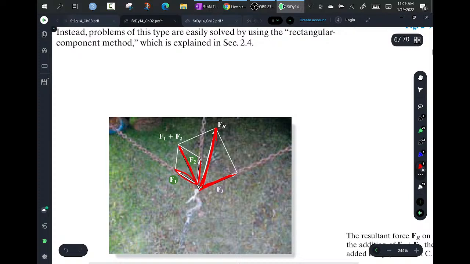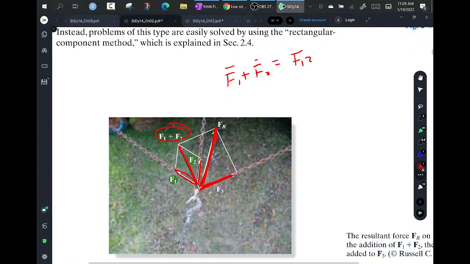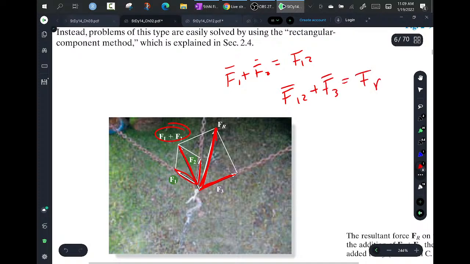So you're multi-staging it. What you're doing is F1 plus F2 equals F12. I'll call it F12 there. Then F12 plus F3 is the F resultant.